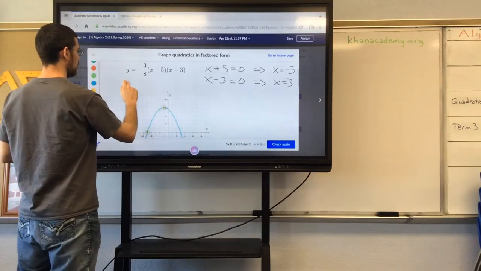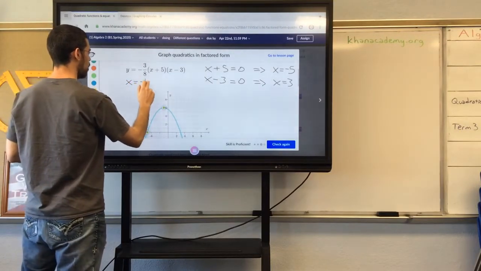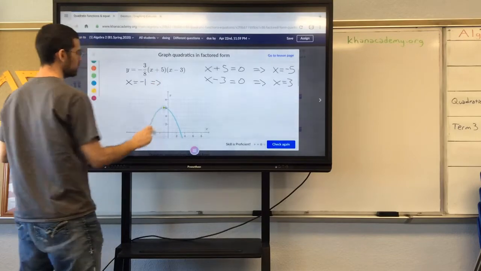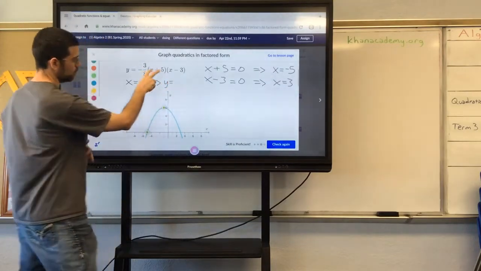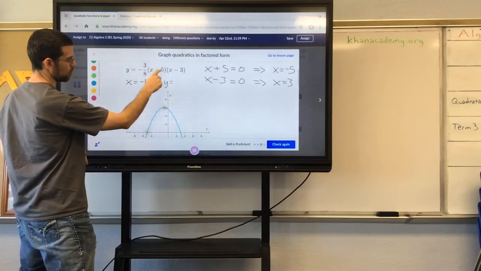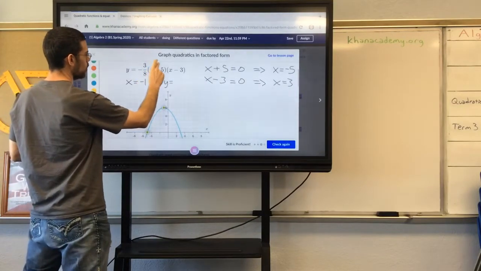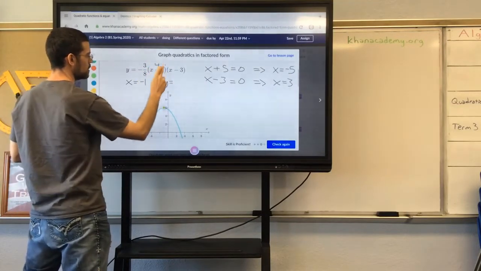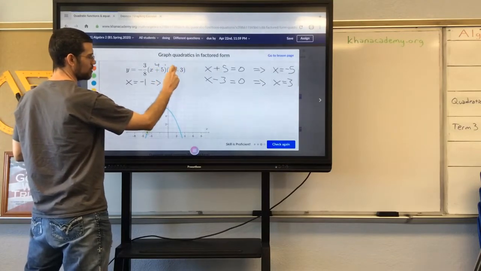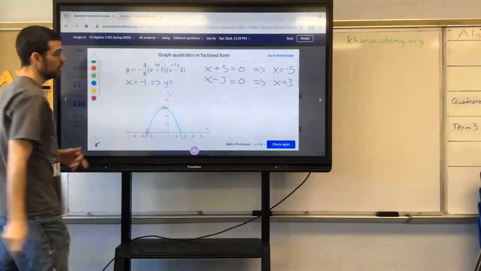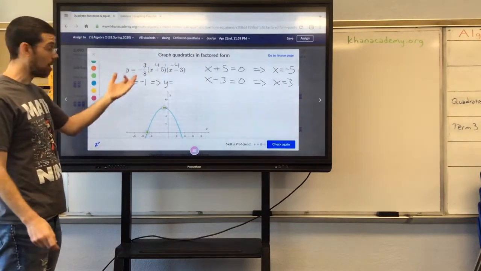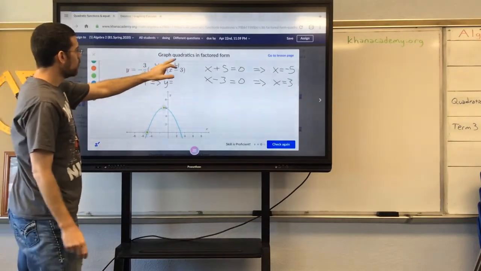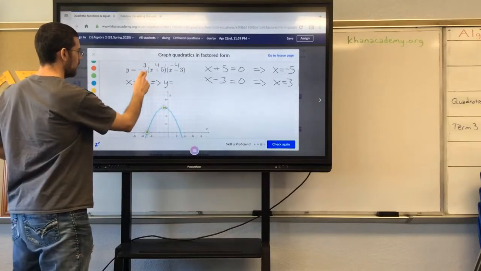Okay, so x equals negative 1 implies that y equals, well, if x is negative 1, we get 4 times negative 1 minus 3 is negative 4. So negative times a positive times a negative is positive. 4 cancels with 8.